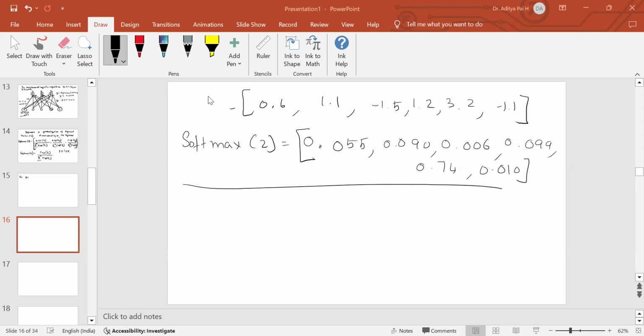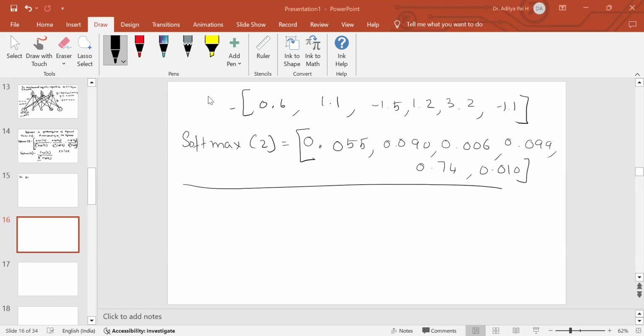And this is again the output that you're getting from here. So this is the output, and for this I'm applying the bias B of 2.